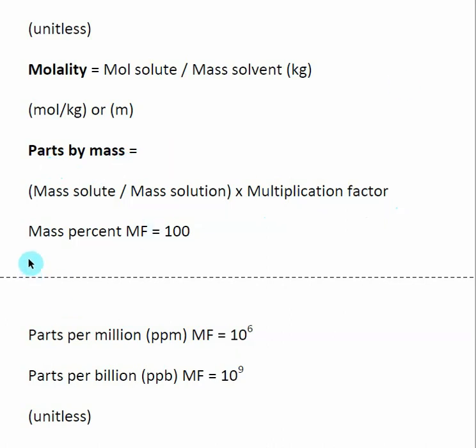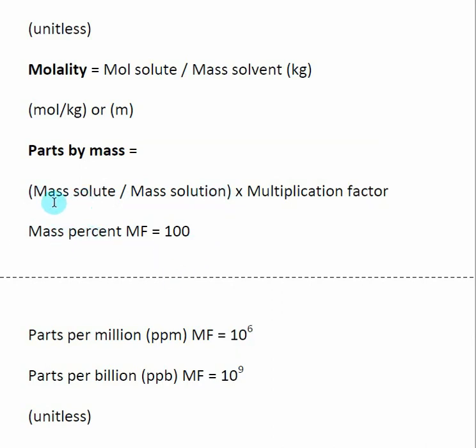So the first one is called a mass percent, and really what that's saying is what percentage of the total mass is due to the mass of the solute. To get the mass percent, the multiplication factor that we're going to multiply by this piece is 100, and that will give us the mass percent.